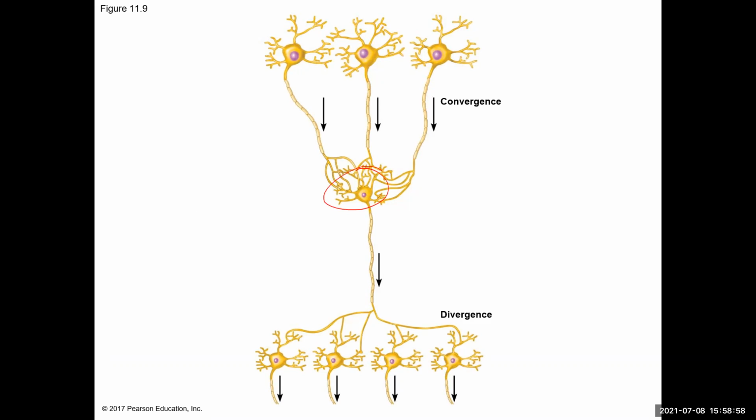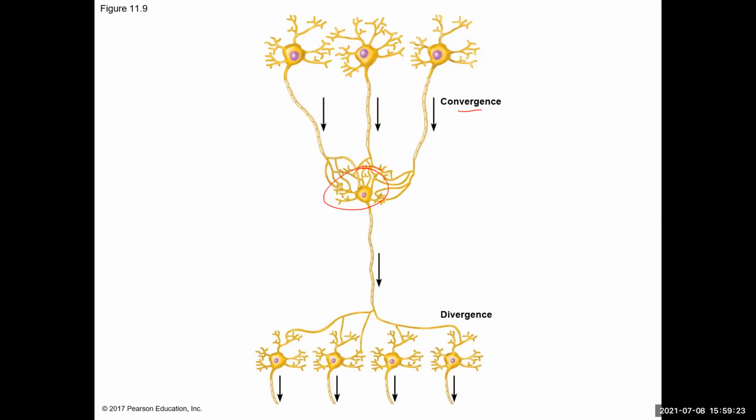And then we have, after that, an example of divergence, where you have one neuron sending one signal, and that signal is diverging into four different postsynaptic neurons, in four different directions, basically.